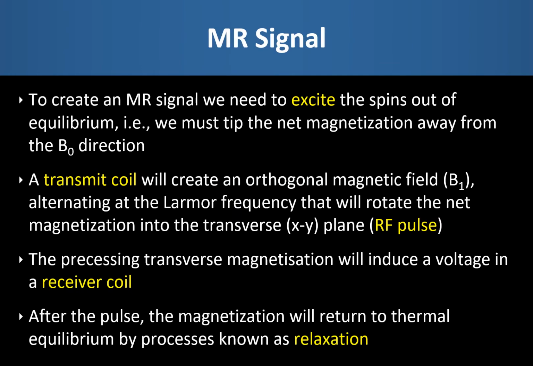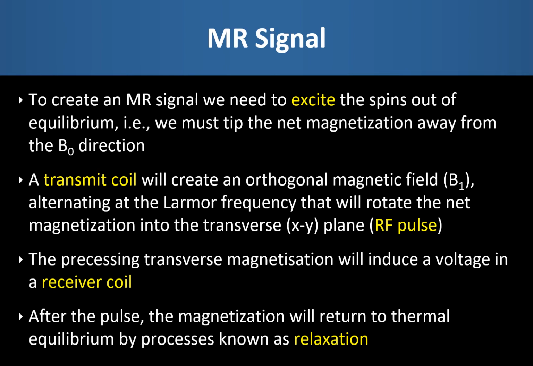So this slide summarizes the process required to create the NMR signal. We firstly need to excite the spins by tipping the net magnetization from along the Z direction into the transverse plane. This is done by applying a short duration pulse of a voltage alternating at the Larmor frequency to a transmit coil, and that creates a uniform magnetic field B1, which is orthogonal to B0 inside the coil.